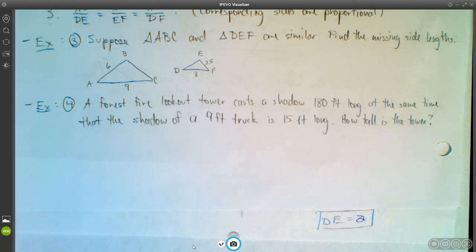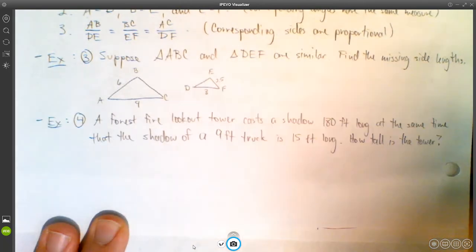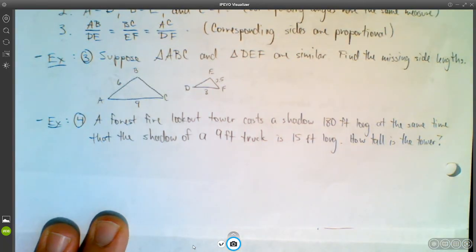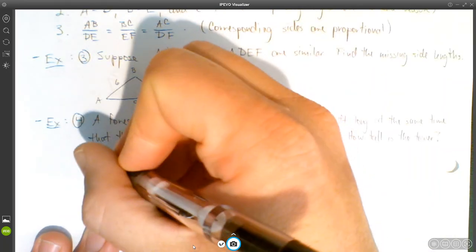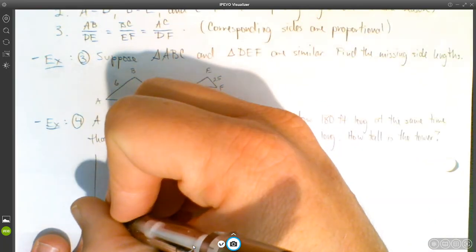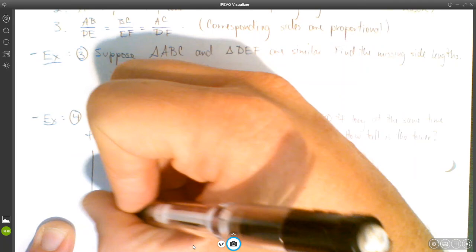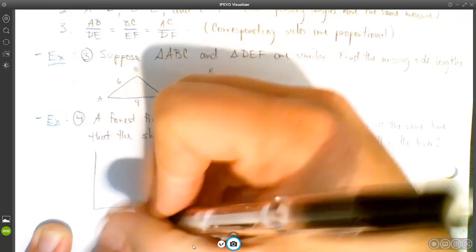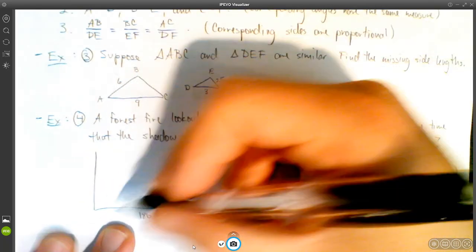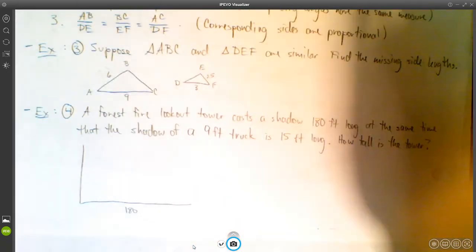So I think what we have here are similar triangles, right? So a forest fire lookout tower. So I'm going to say that this thing is the tower. And it casts a shadow that's 180 feet long. So this is the shadow of the tower, right?